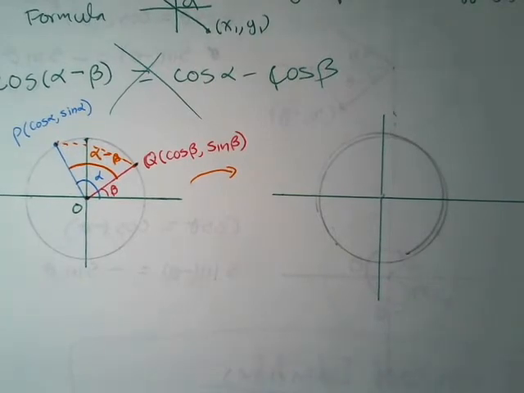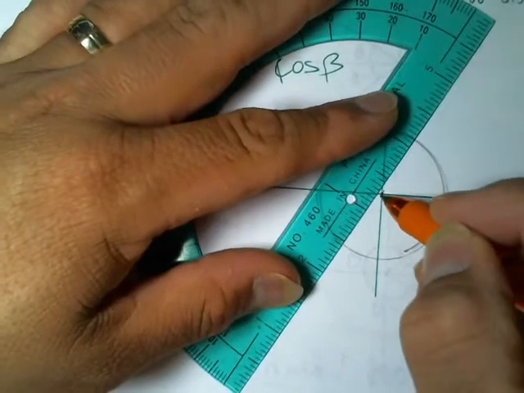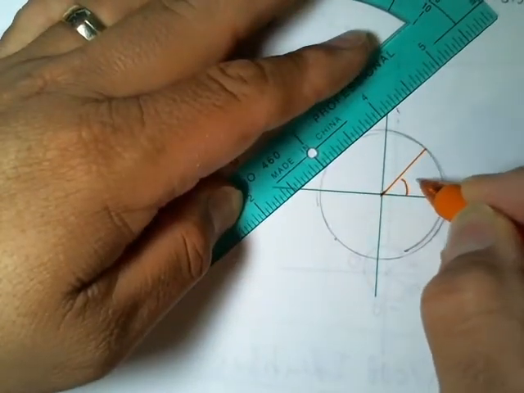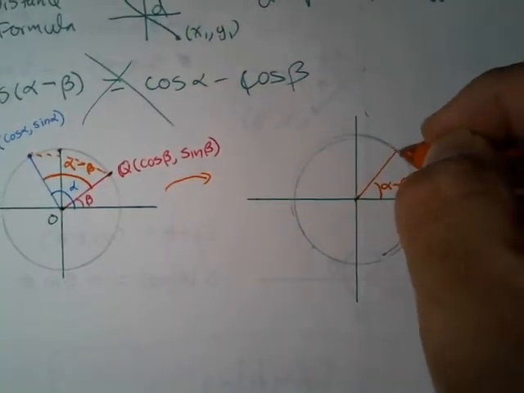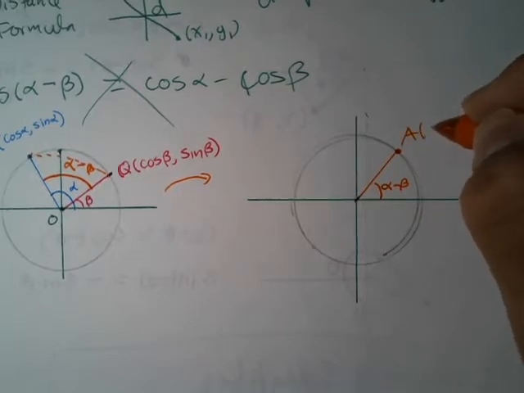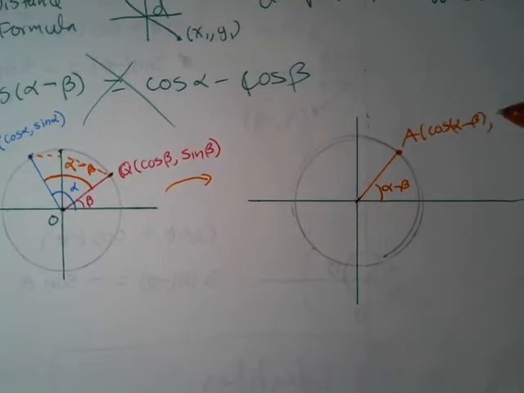Here, what that would look like is alpha minus beta, and I'm going to define two points here. The point here I'll call A, which is cosine of alpha minus beta, and sine of alpha minus beta.